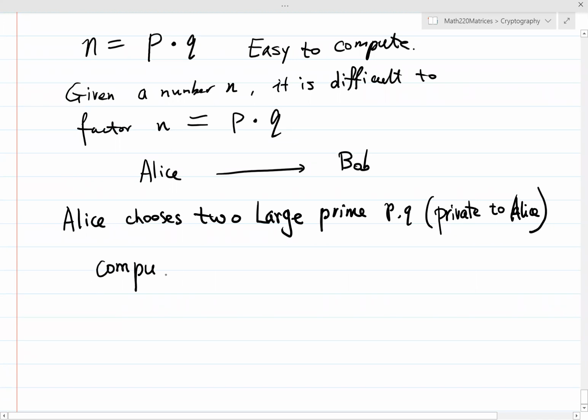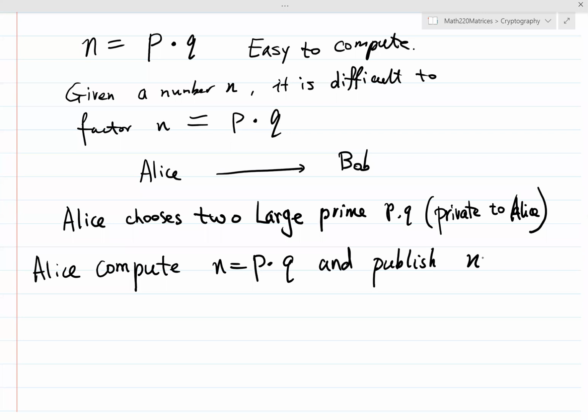Now Alice can compute n to be p times q, and publish n. So this n is public, and she can give this n to anyone. Even if Alice published this n in the New York Times, for instance, no one can actually factor it into p times q, because it takes too long to factor, even with a supercomputer.